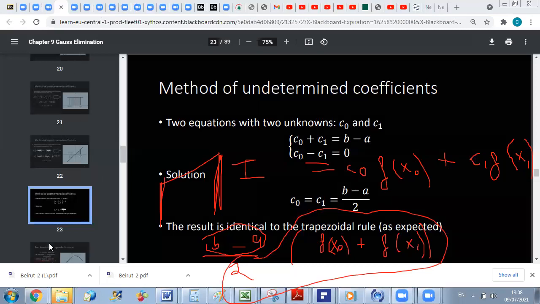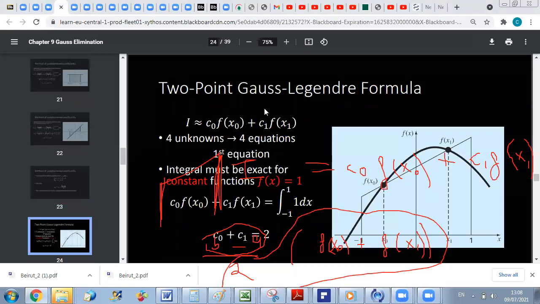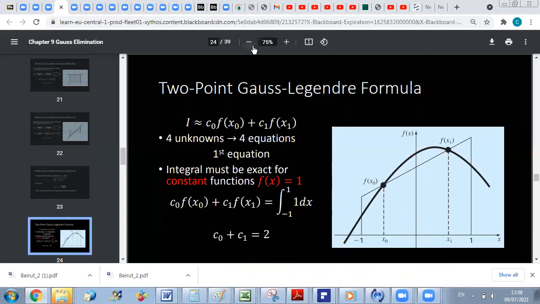So from here, the idea of the 2-point Gauss-Legendre formula. Okay? So instead of taking the 2 points here at the end of my trapezoid, no, I will try to find what optimal location of x0 and x1, what should be these locations, in order to obtain an integral, which is from trapezoidal rule, this integral, okay?